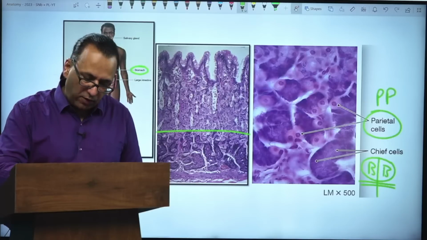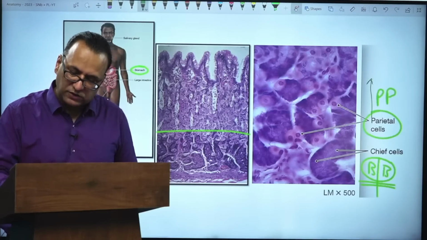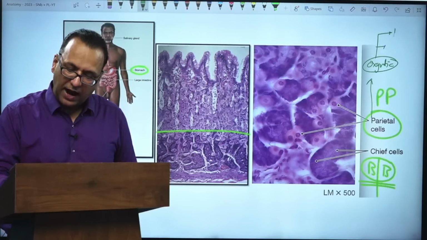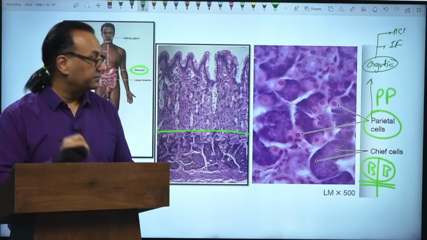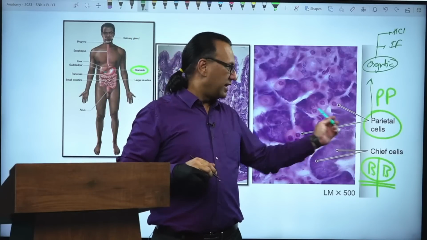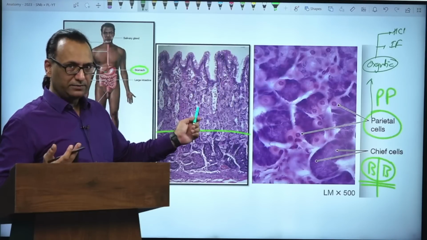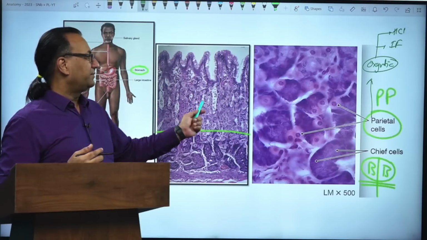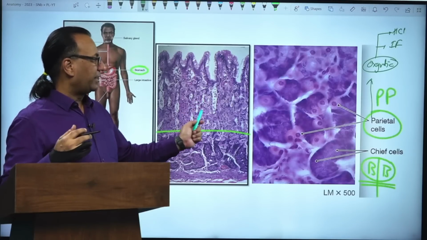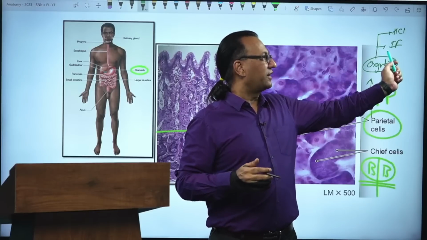Now talking about the parietal cell. Parietal cell is also called the oxyntic cell, and it is giving us the hydrochloric acid and intrinsic factor. You know, in pernicious anemia, when there are autoantibodies destroying the parietal cell, the pink cell, you will have less of hydrochloric acid and less of intrinsic factor.